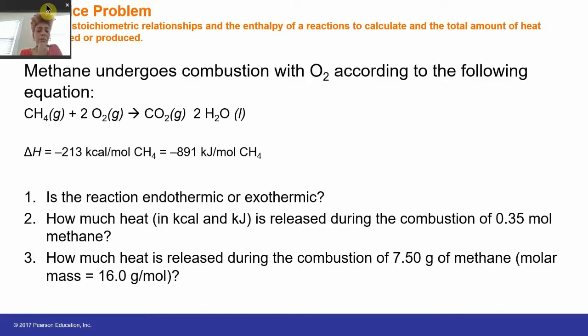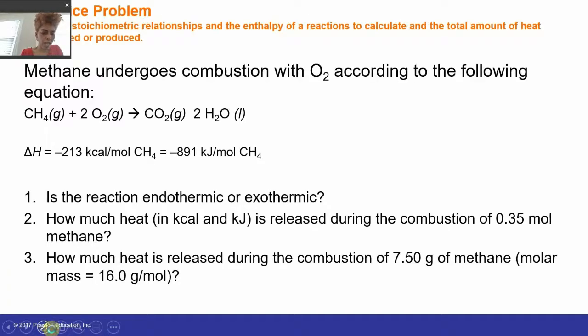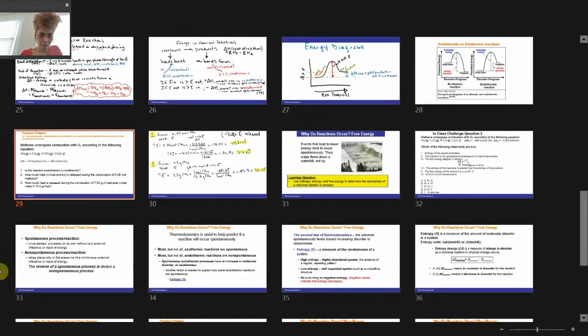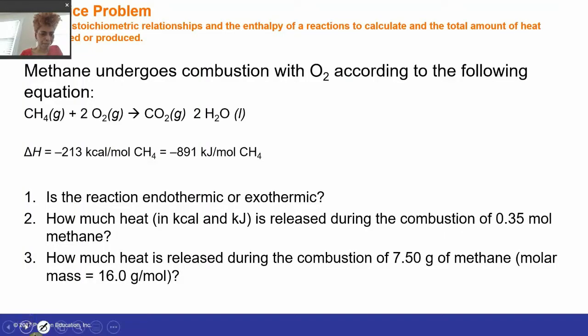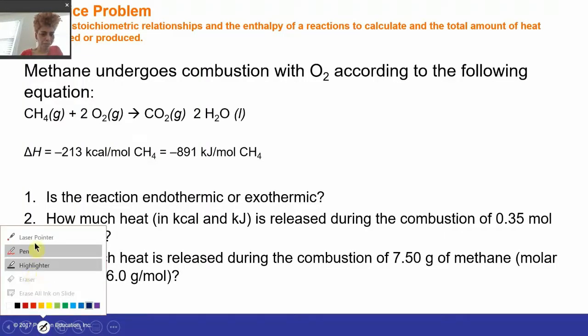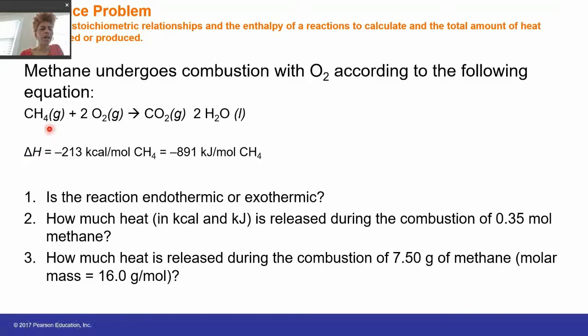Notice that I have written here our delta H. Notice here that our delta H is negative. I'm not writing it in the reaction, but it says that it's negative. So based on what you've learned so far, is this reaction endothermic or exothermic?